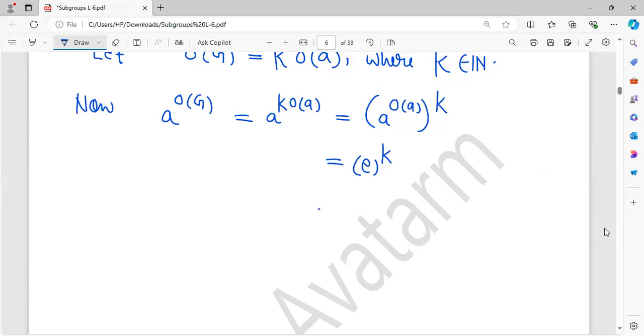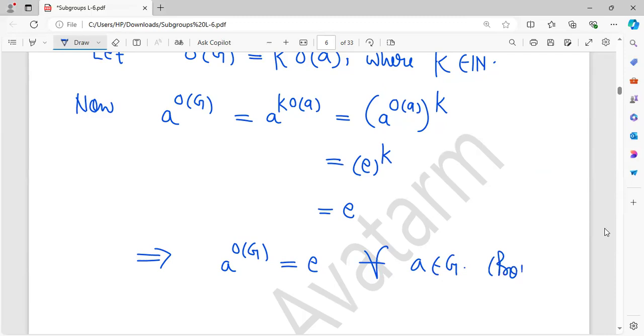So it is the identity. So a raised to the power order of G is the identity for all a in G. So this is the result.